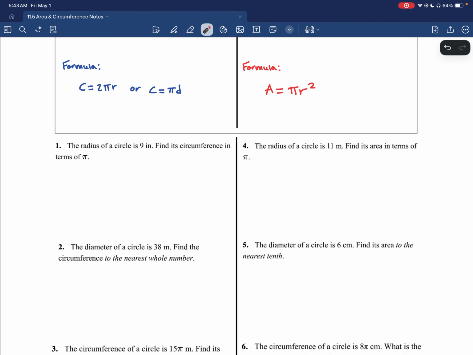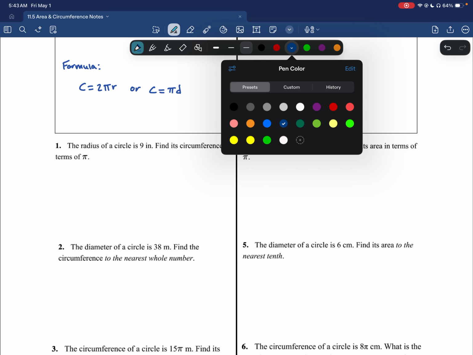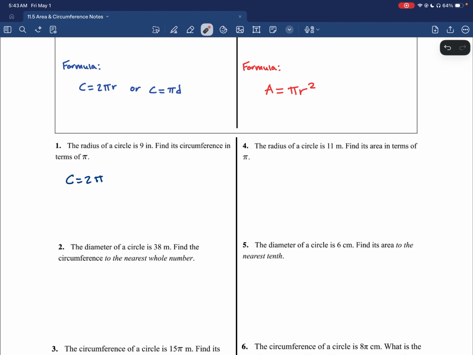So we got a circle, radius is 9, find the circumference. I'm going to use the circumference formula because I need the circumference. Because it gives me my radius, I'll use the equation with a radius in it already. So here we go. The circumference is equal to 2 times pi times our radius.